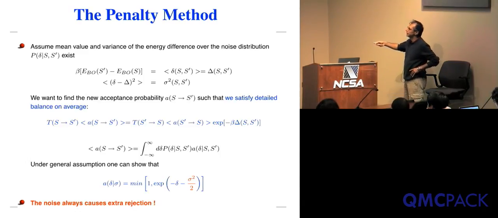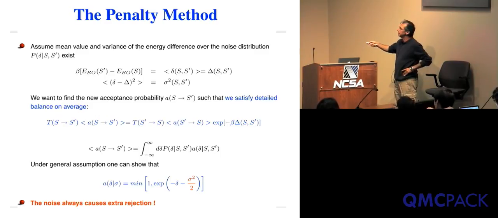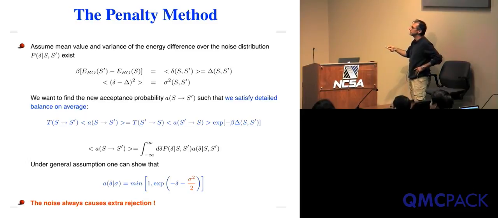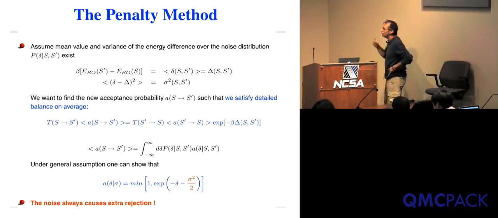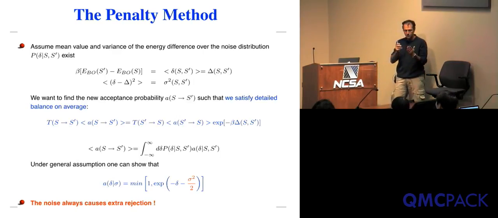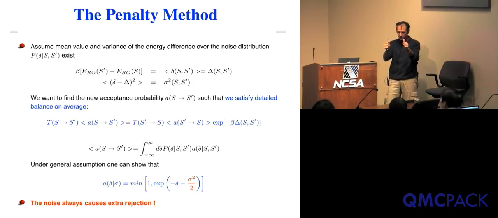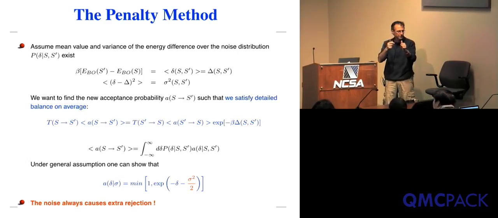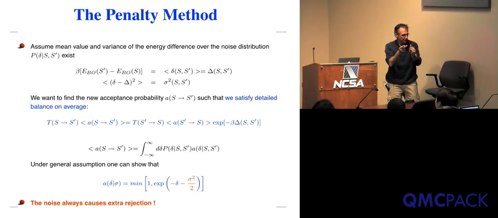You can prove, and the proof is in the paper, that the only difference in your code must be that you have to add this extra penalty in the Metropolis rule, and this sigma squared is nothing but the variance of the energy difference over the noise distribution. So suppose that you have these two fixed nuclear configurations, you do one electronic energy calculation for the difference.